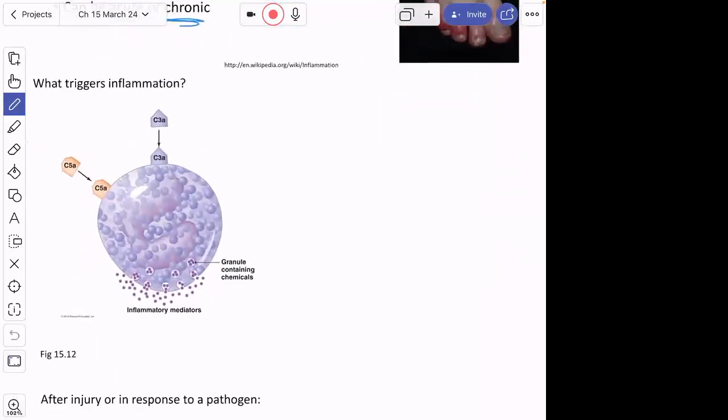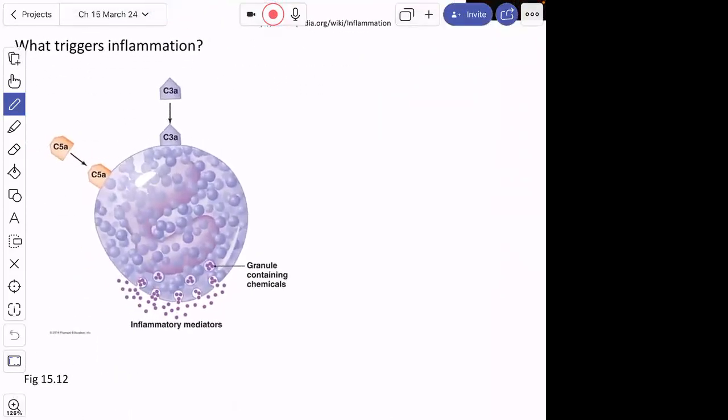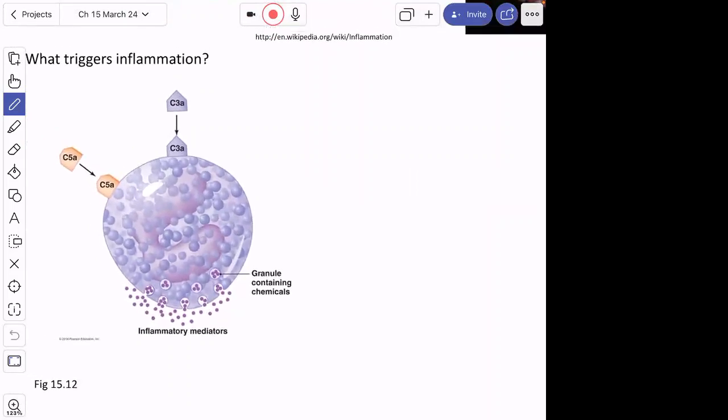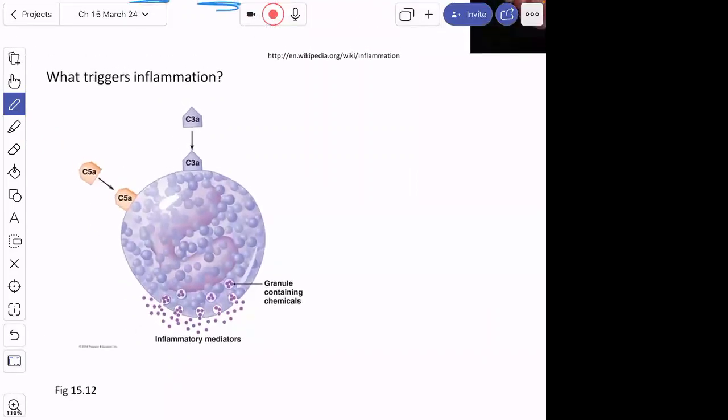What triggers inflammation? Well, here's one way that it's triggered. We've got these two complement proteins, these fragments, C3a and C5a, binding to some granulocyte. Okay, so a neutrophil or a basophil, or the third one, eosinophil.